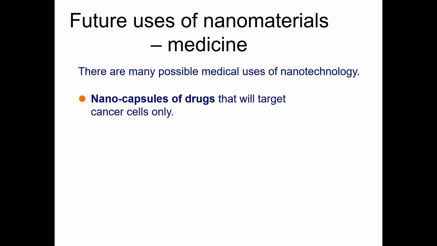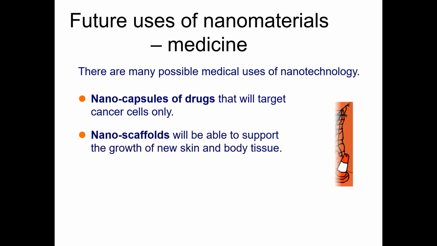We can utilize nanoscience to design nanocapsules of drugs, and those nanocapsule drugs will be utilized to target the cancer cells only. If you have a patient with brain tumors, nanoscience has specially designed nanocapsules of drugs with which they can target the cancer cells in the patients.